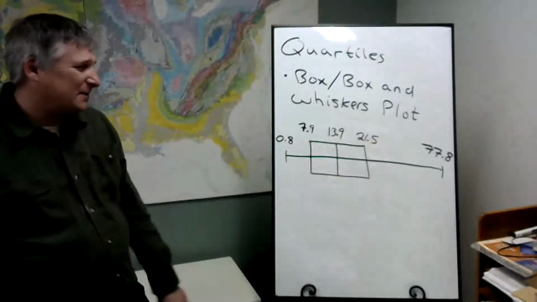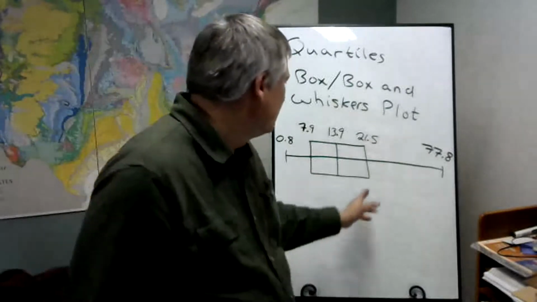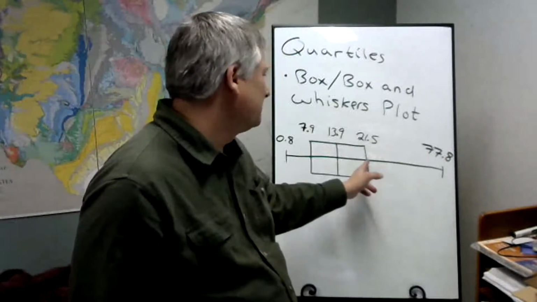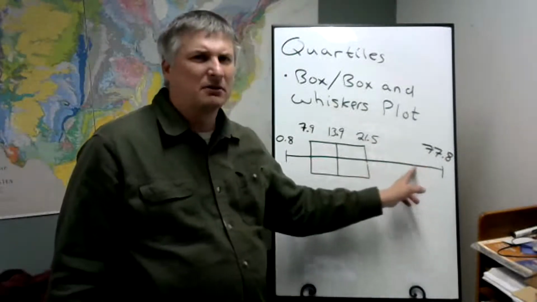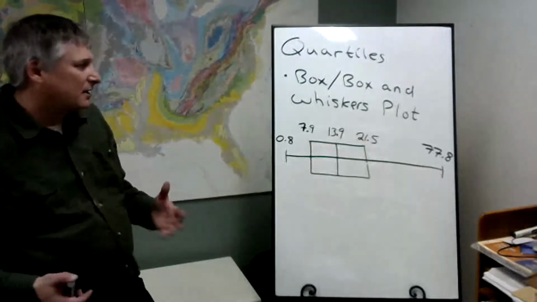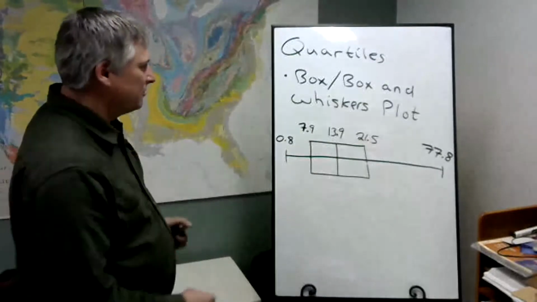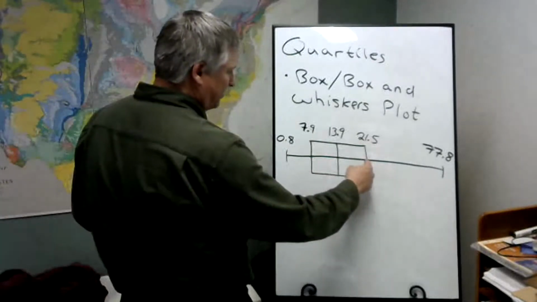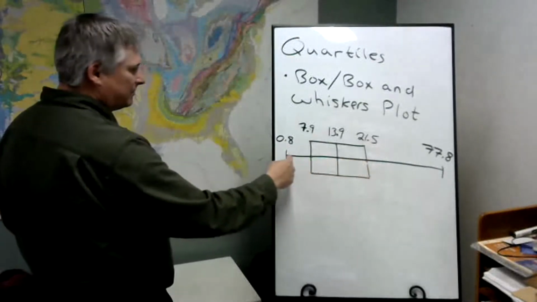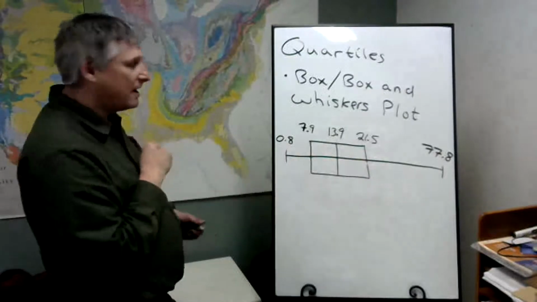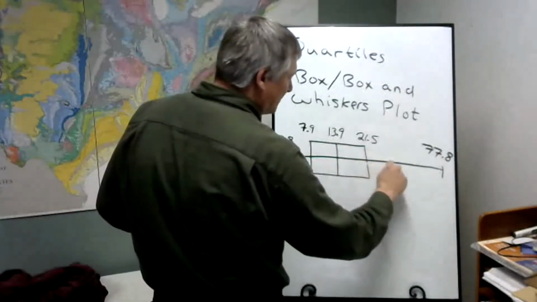Now you might be looking at this and say, okay, wait a minute. This is kind of halfway. It's not 75%. And here's the thing. This is talking about the number of data points. So at this point here, 75% of the data points are below 21.5. And so that means there aren't that many.